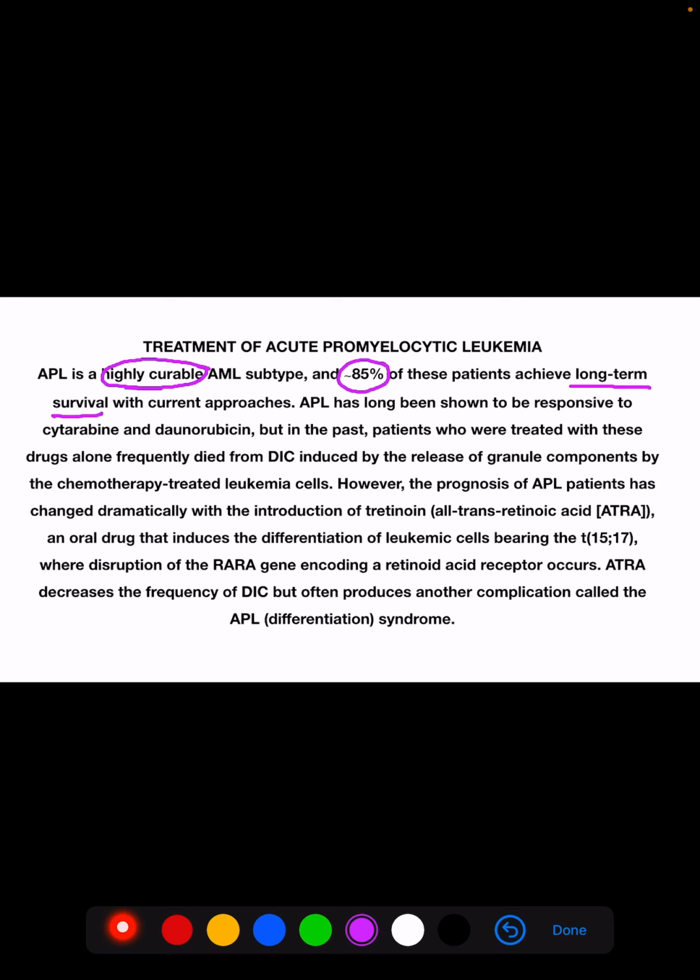APL has been shown to be responsive to cytarabine and daunorubicin.